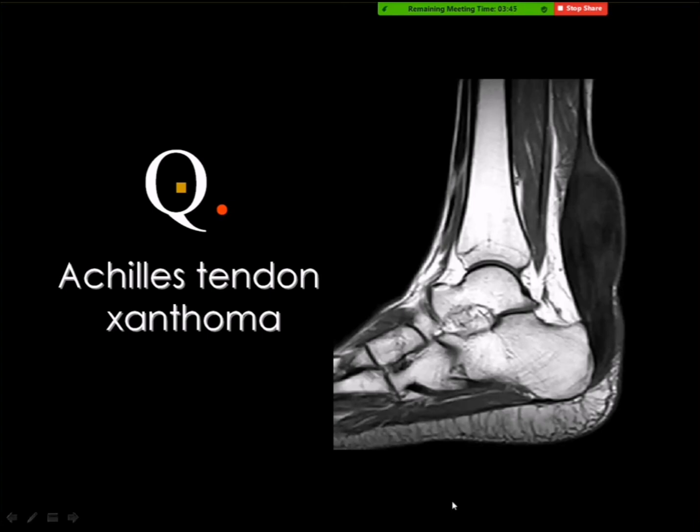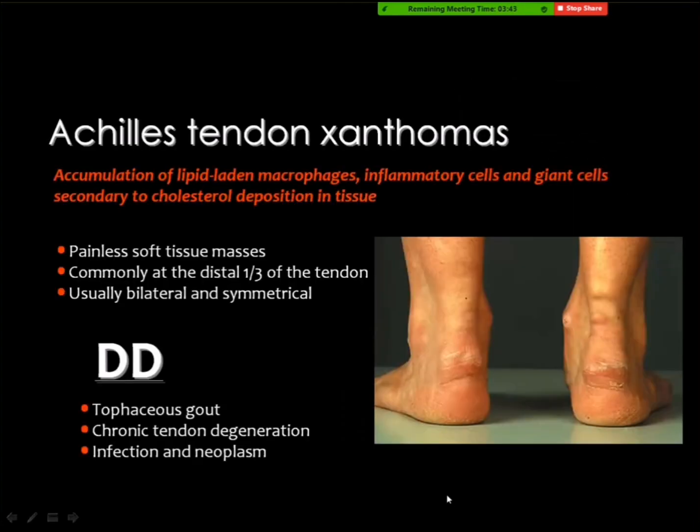This condition may be unilateral or bilateral, and there is accumulation of lipid-laden macrophages and inflammatory cells, as well as giant cells and cholesterol deposition in the tissues. This is one of the warning marks for cardiac or coronary heart disease, because the deposition of cholesterol is also in the coronary vessels.